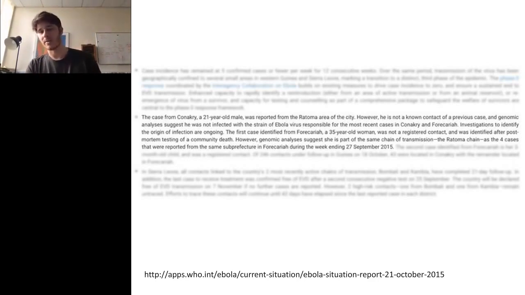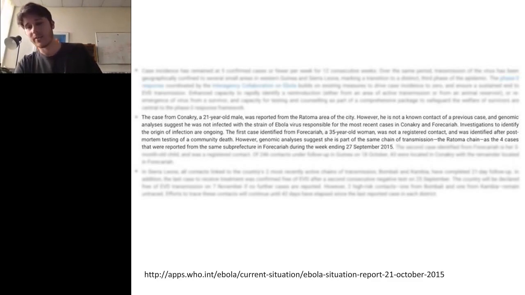The WHO, during ongoing epidemics, produce what's known as a situation report. And this is an excerpt from the situation report in October 2015, where they say that, however, he is not a known contact of a previous case, and the genomic analysis suggests he was not infected with the strain of Ebola virus responsible for the most recent cases in Conakry and Forécariah.